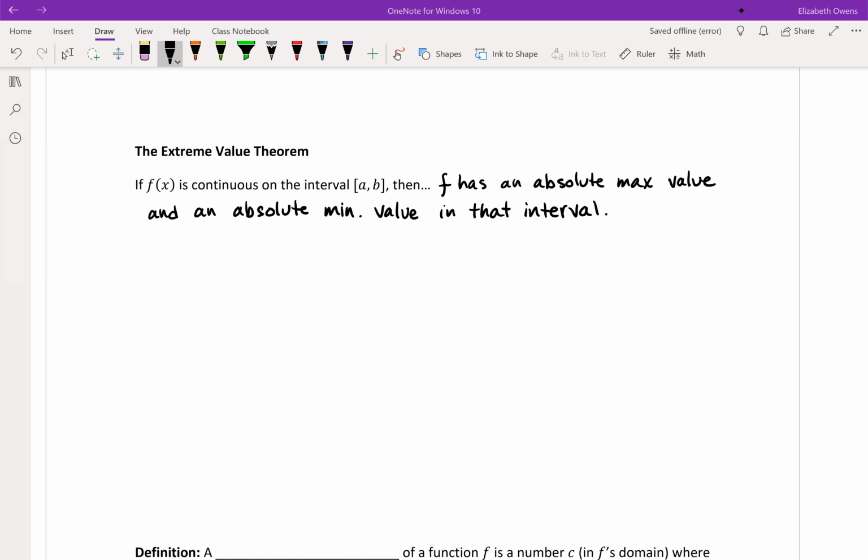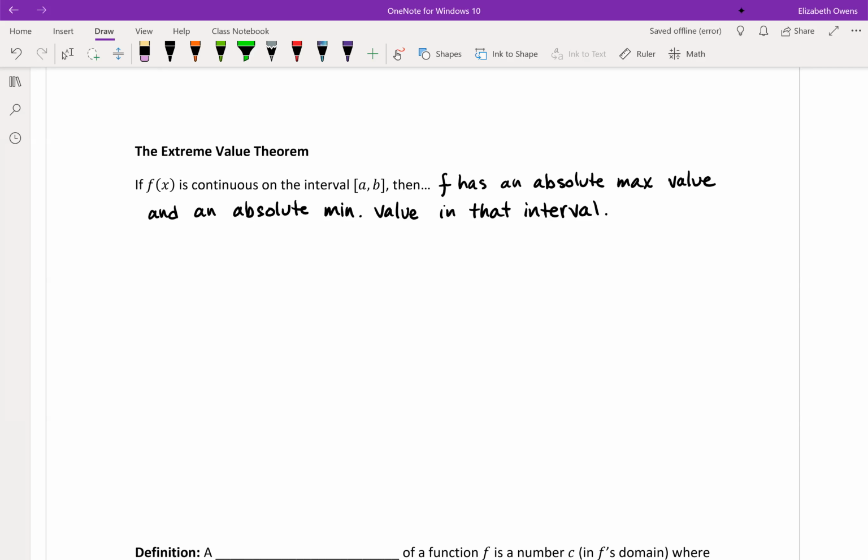This theorem is actually what guarantees us the absolute maximum and absolute minimum as long as the function is continuous on our interval. So the local maximum minimum thing, by the way, still not guaranteed. It may or may not have those. But from this, we at least know it'll have an absolute max and an absolute min. So I think that actually helps with that question quite a bit. Cool.